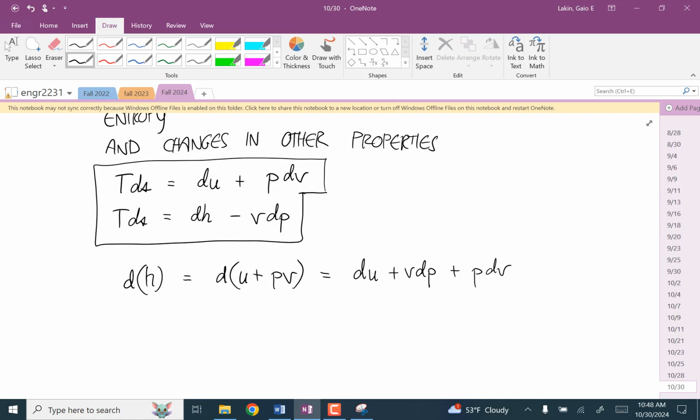You can actually now rearrange this and you get that dH minus VdP is equal to dU plus PdV, which sort of helps you remember what these two forms are. Neat. That's pretty cool.